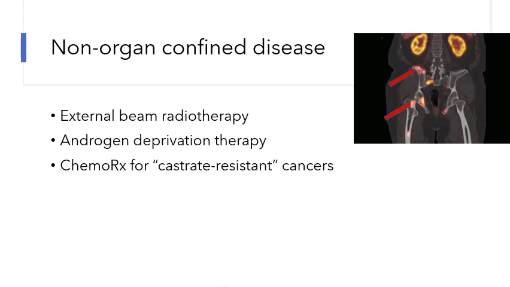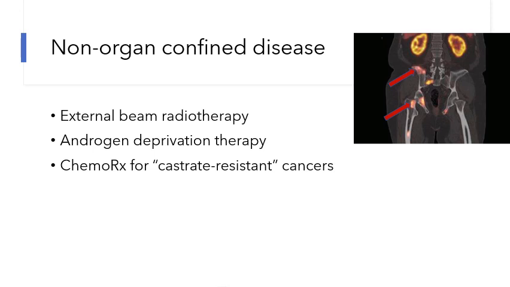For non-organ confined disease, again there's the potential to use external beam radiotherapy. Many prostate cancers, at least in their early stage, are androgen dependent for growth, and so there are various treatments one can use for androgen deprivation. Previously that used to involve bilateral orchidectomy.